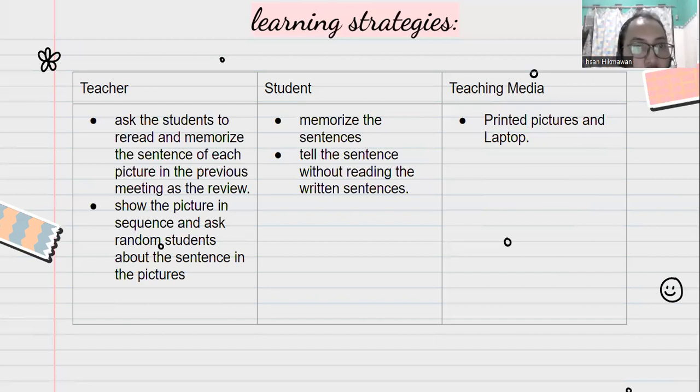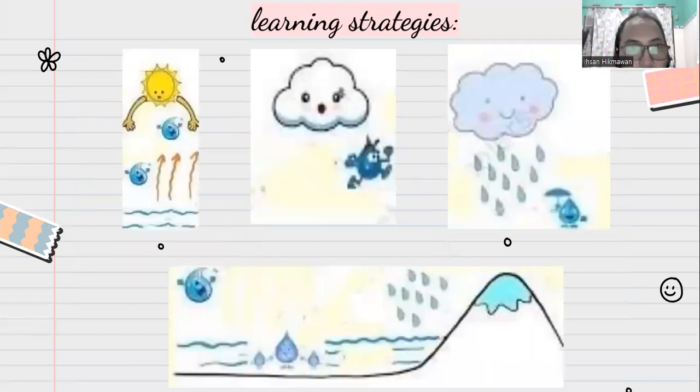The teacher will show the pictures in sequence and ask the students to make a sentence about the pictures. Here are the same pictures as before. Name the pictures, then make their own sentences about these pictures, memorizing and presenting the sentences.